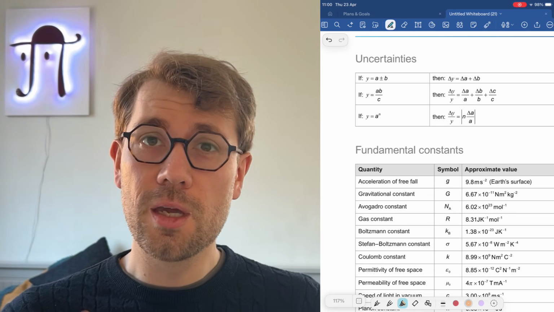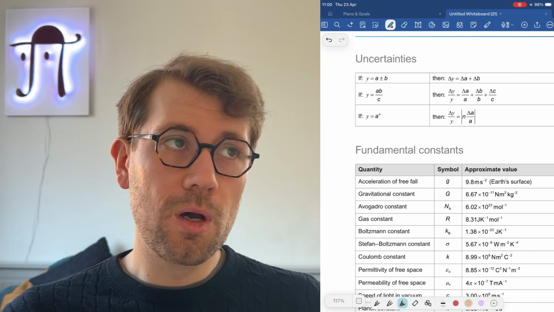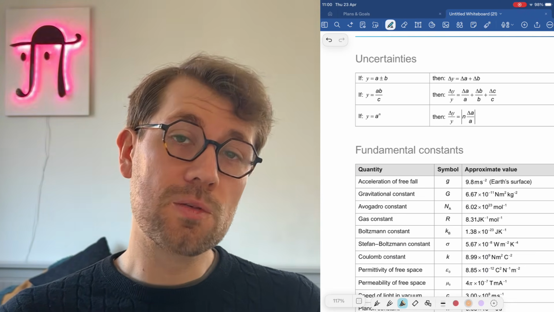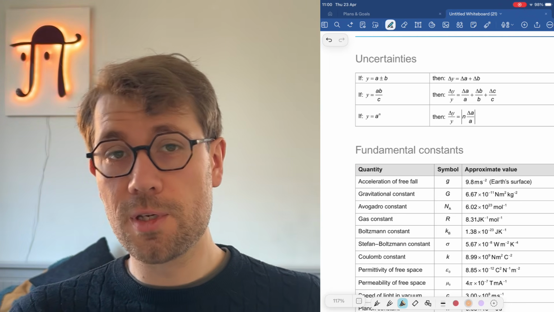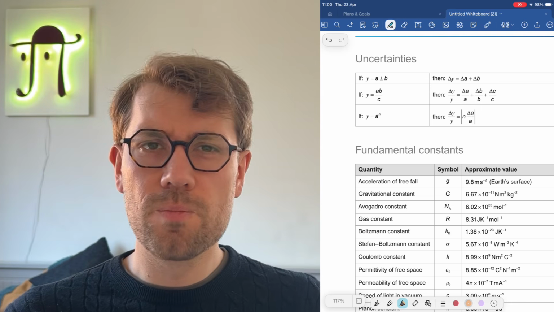So I might say my speed has a measurement of 20 meters per second. My absolute uncertainty in that is 2 meters per second, but my relative uncertainty in that is 0.1 or 10% or 1/10. They all mean the same thing.